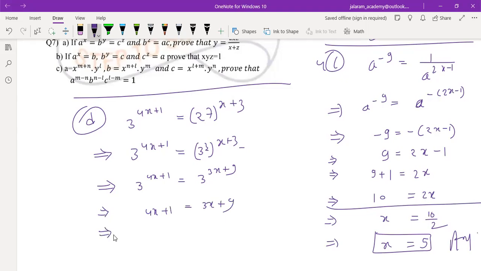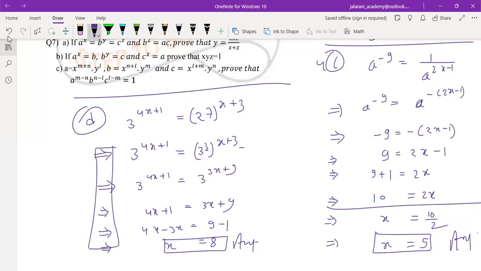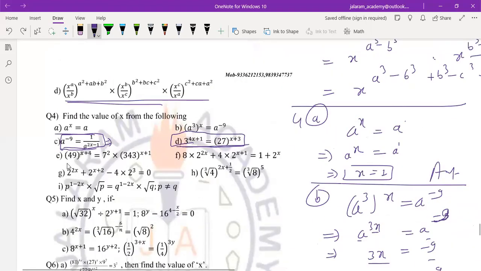It implies 4x + 1 = 3x + 9. It implies 4x − 3x is equal to 9 − 1. So x is equal to 8. It implies that x is equal to 8. Don't forget to write this, it implies. Okay. Next, E.